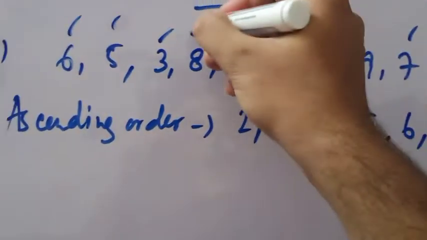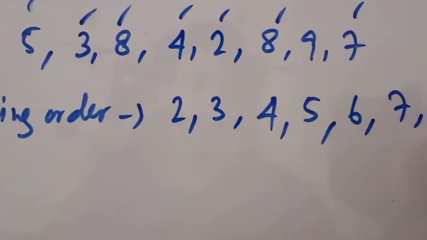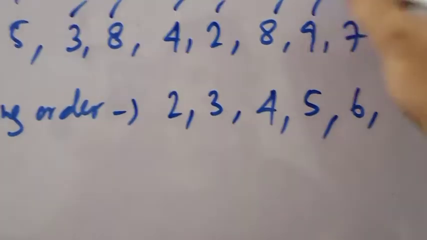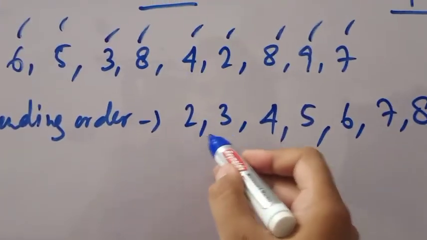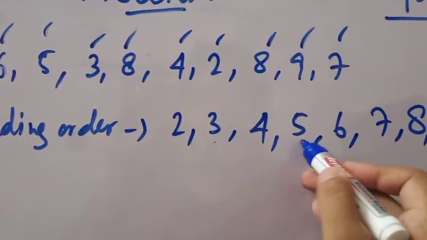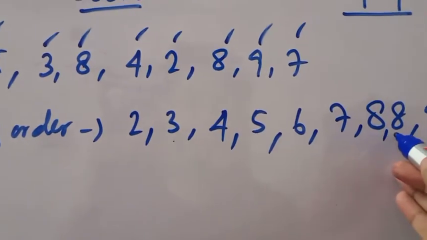How many 8 is there? 2. So 8 and 9. Okay. So how many are there? 1, 2, 3, 4, 5, 6, 7, 8, 9.